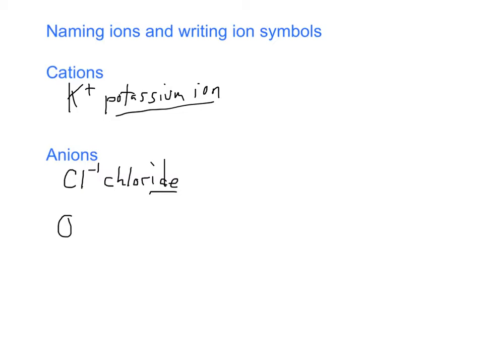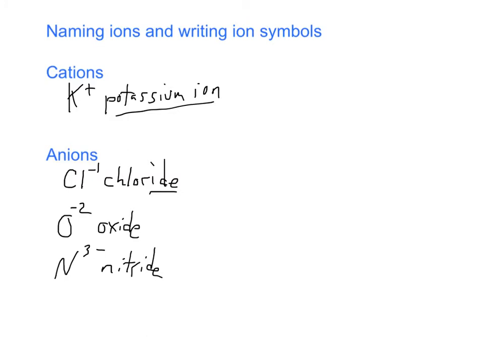So chlorine becomes chloride, and oxygen in this case becomes oxide. If you have nitrogen, it would be nitride. And so on and so forth until all the nonmetals are named. Okay, so pretty straightforward for naming ions.